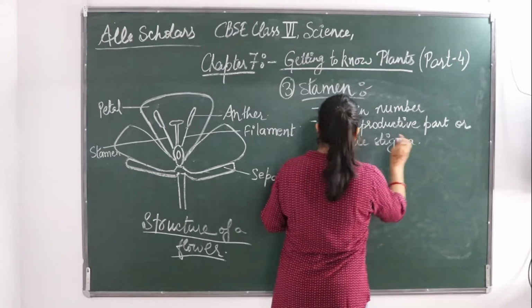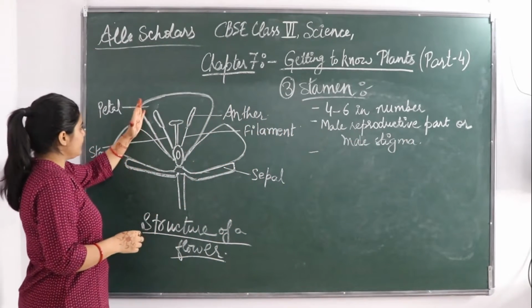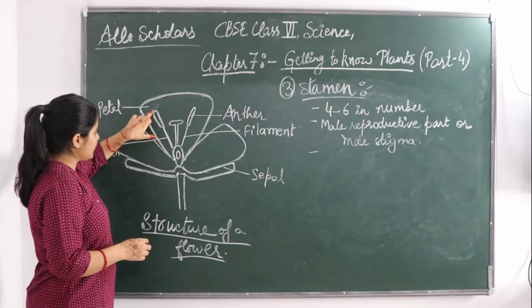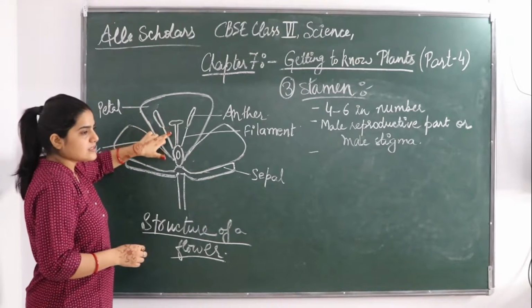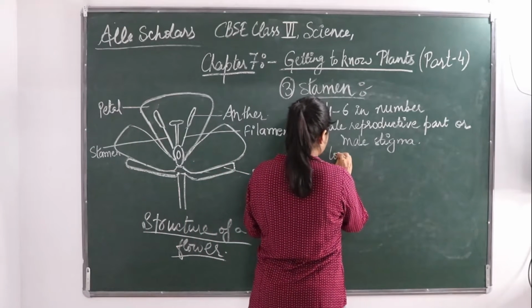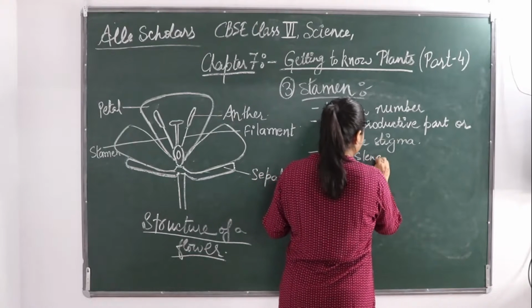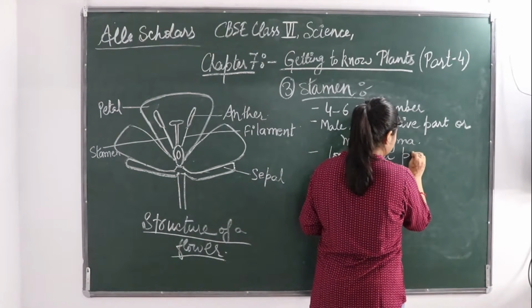This part can be seen when you remove the petals and sepals. You can see that it is a long cylinder part of the flower.